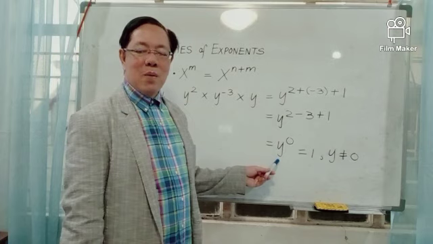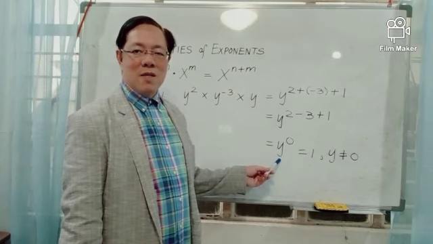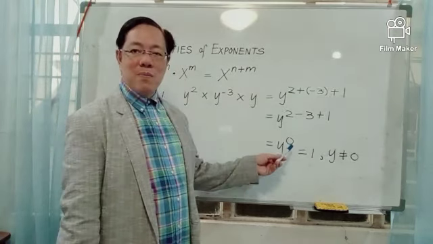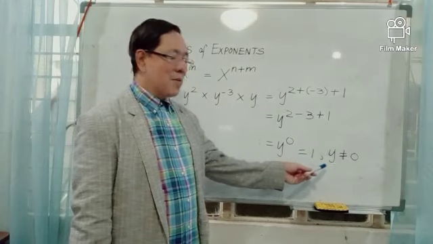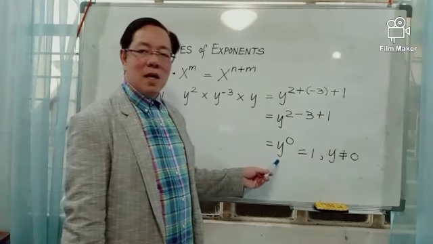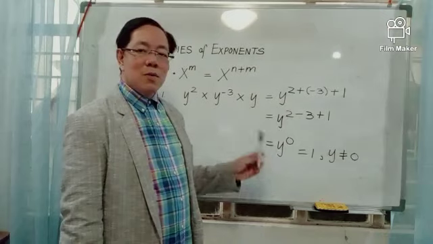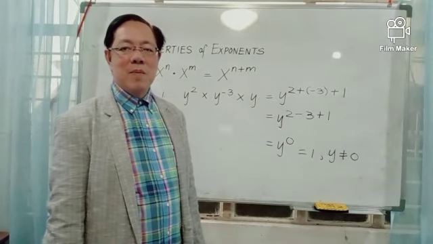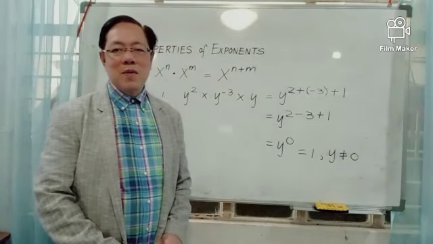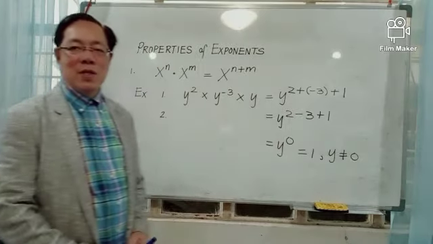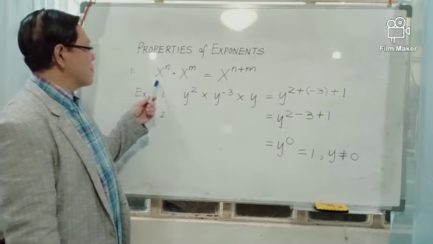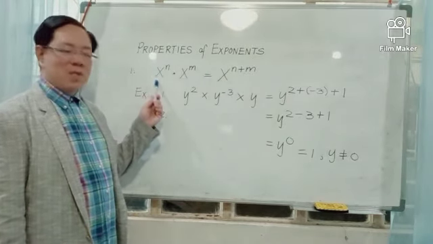Again, one of the properties of exponent says that a base raised to the power 0 is 1, provided that the base is not equal to 0. We will write that property later on. For now, we take another example for the application of the first property of exponent.